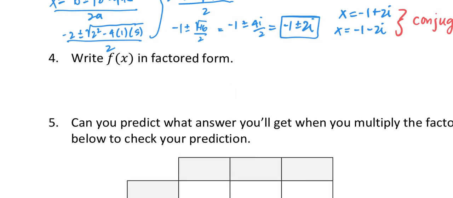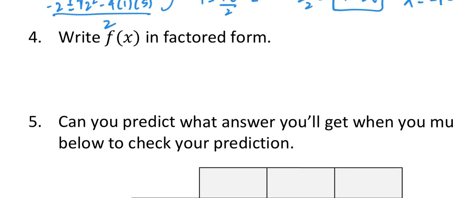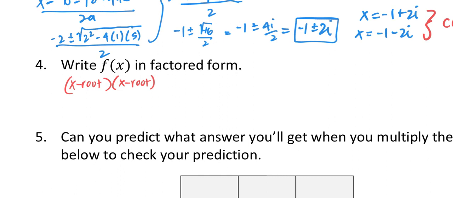Okay. Now it wants us to write it in factored form. Remember, factored form is just x minus your root times x minus your root. So we're going to take our roots, which are here and here, and plug them in.